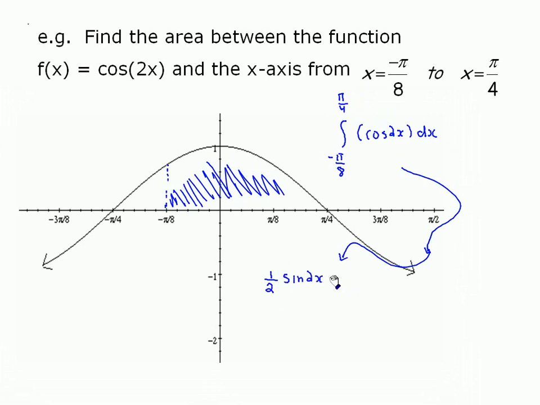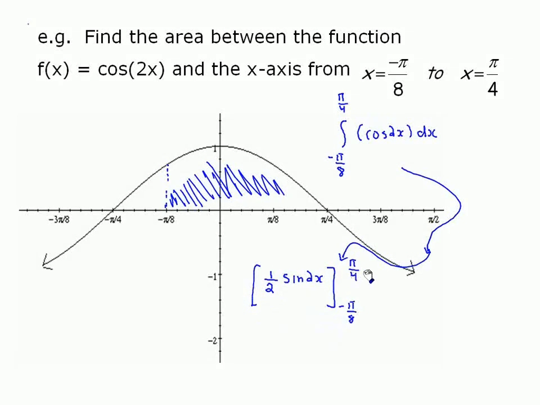And keeping in mind as well, always do a quick check because it's easy to make a mistake on the sign for these ones, but the antiderivative of cos is positive sine. And we will be taking this from the limits that are given, negative pi over 8 to pi over 4.